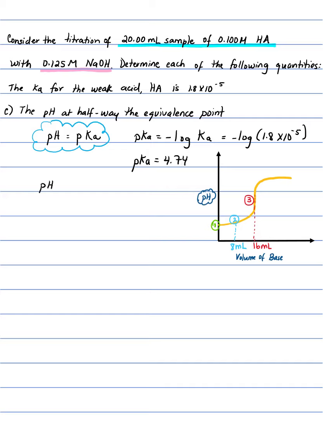Since pH equals pKa, the pH at halfway to the equivalence point is equal to 4.74. So in your graph, that number 2 corresponds to a pH value that is equal to 4.74.